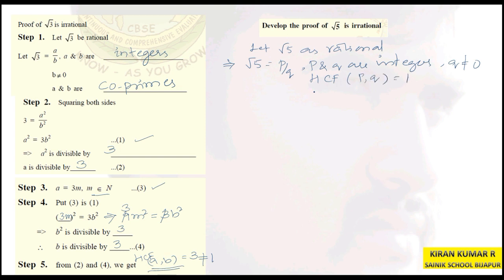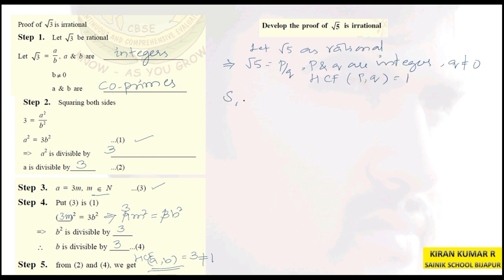Can you develop a proof for root 5 as an irrational? So first we have to consider root 5 as rational. This implies root 5 is in the form of p by q, where p and q are integers, q is not equal to 0, and the highest common factor of p and q is 1.